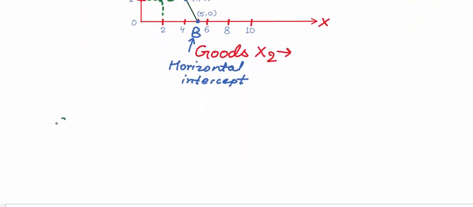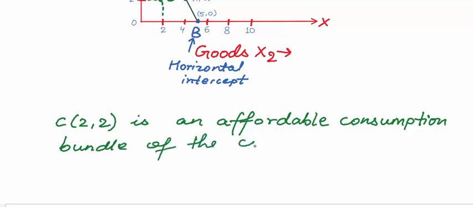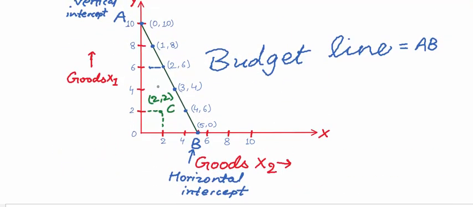So let's denote C(2, 2) as an affordable consumption bundle of the consumer. But this point lies in an area which is inside the budget line.